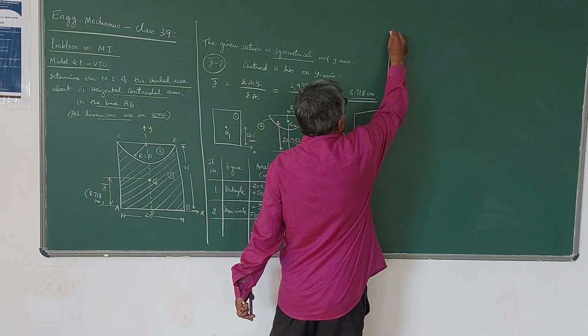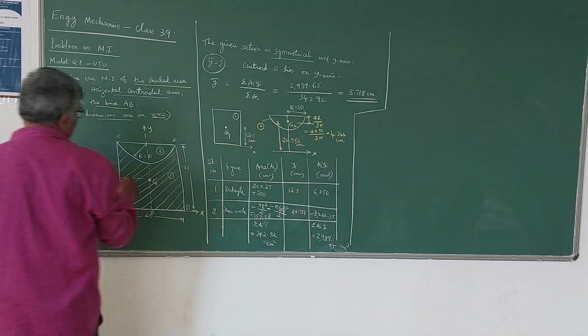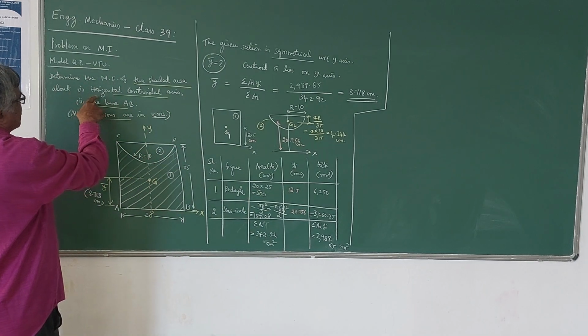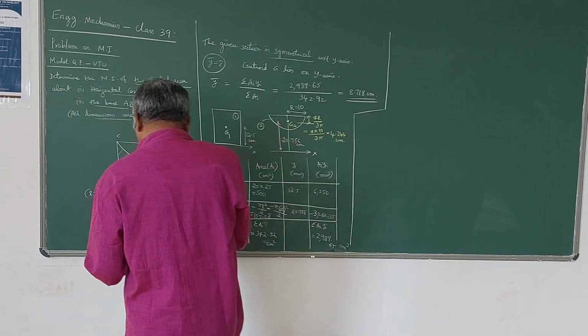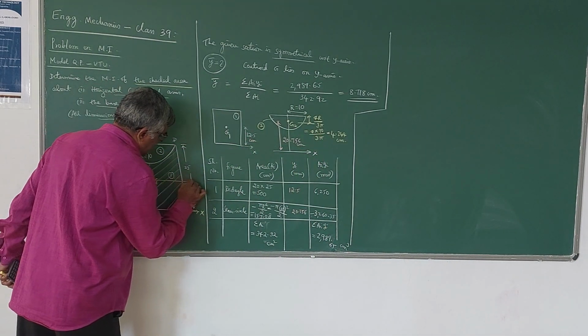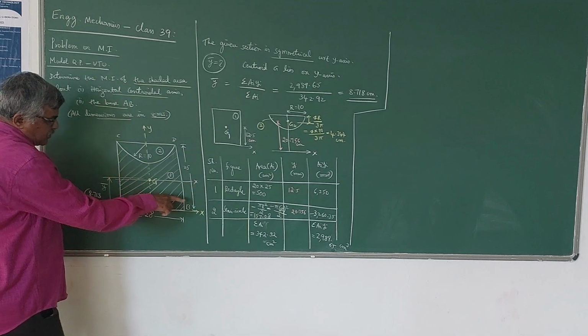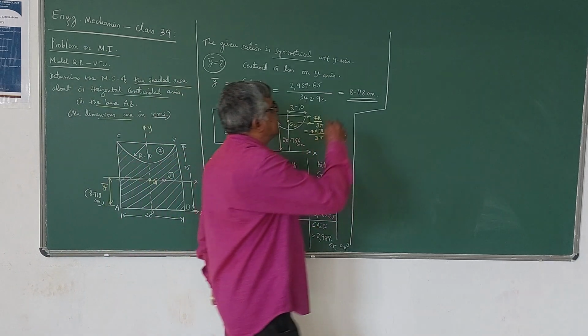Now the second part is we have to find the moment of inertia of this shaded area with respect to the horizontal centroidal axis. Horizontal centroidal axis means, if you draw an axis passing through this G and parallel to this x-axis, that becomes the horizontal centroidal axis. That means IGX.